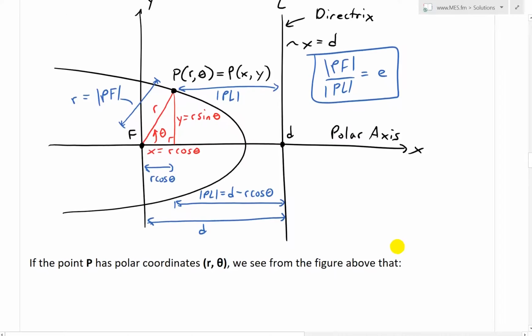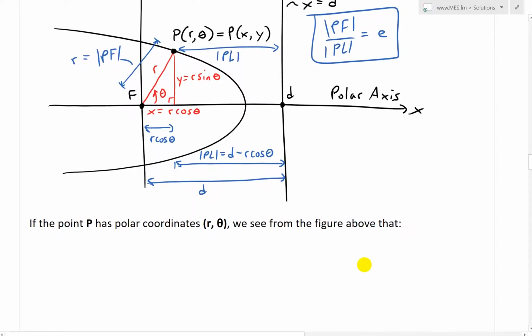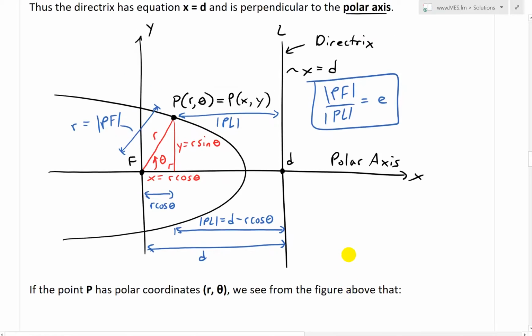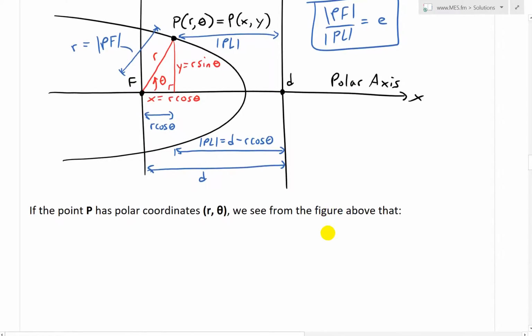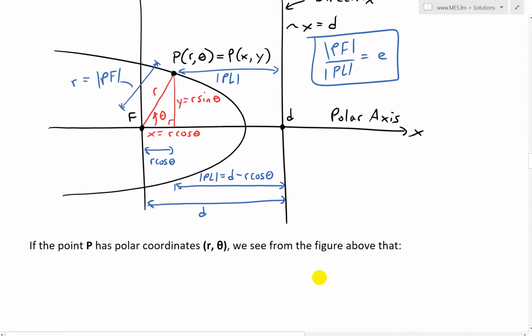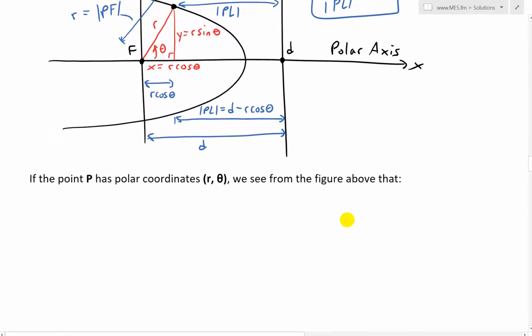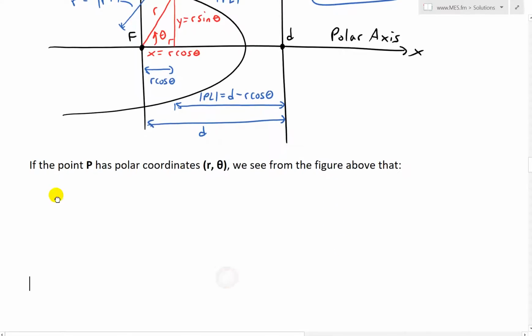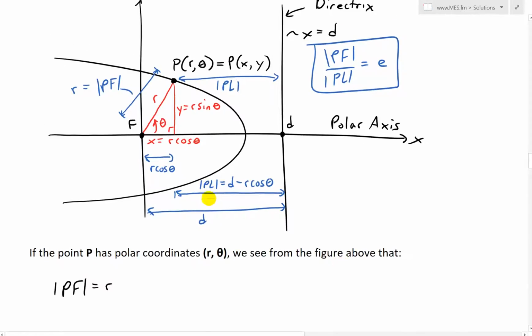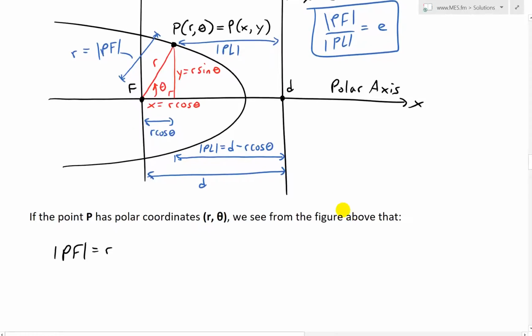And now what we could do is apply the mathematics and the theorem to obtain a formula to describe all this in a useful term. So if the point P has polar coordinates r, theta as shown above, we see from the figure above that PF equals r, and also PL equals D minus r cosine theta.